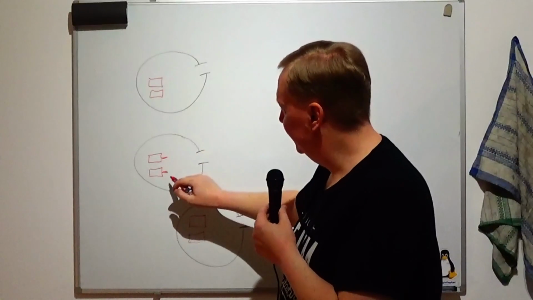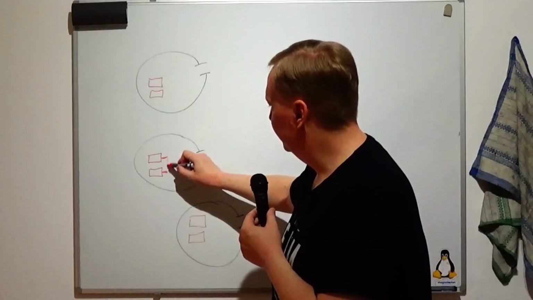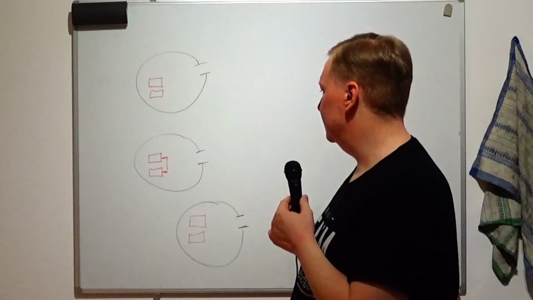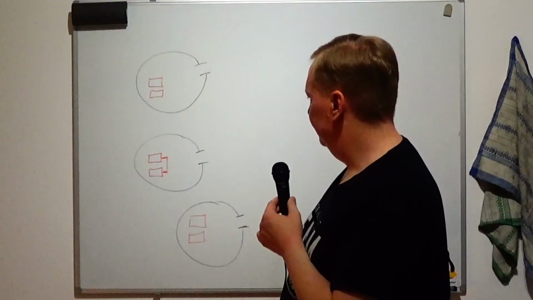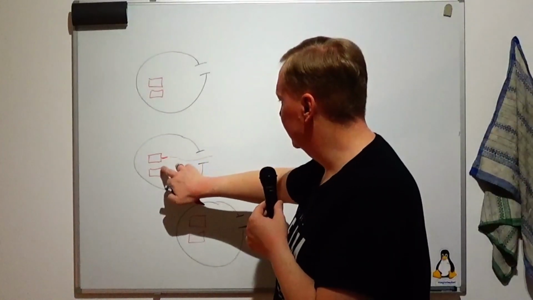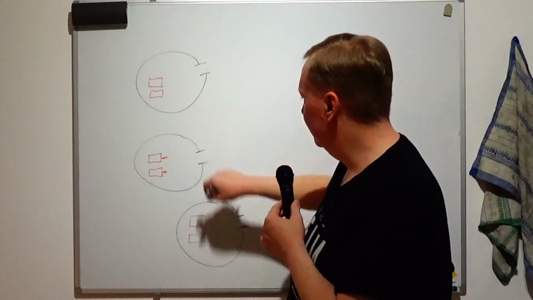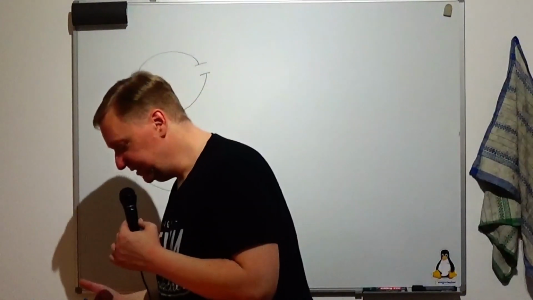It sees you are trying to communicate with this container, and then it might redirect the connection there, so that it doesn't even get out of the computer into the actual network. Okay, so that's container engines.